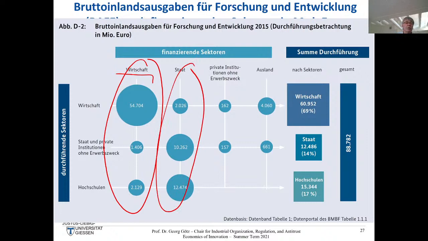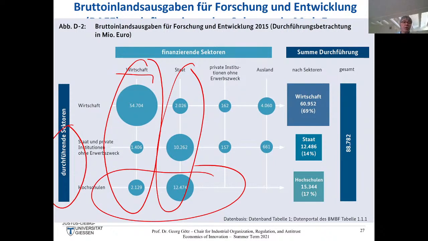And again, it's about these 2/3, 1/3. And in terms of durchführende Sektoren, the performing sectors, here are universities, very important. Of course, they don't pay on their own because they don't have their own funds. They are funded by the government. I think this was about it in terms of the questions we had.